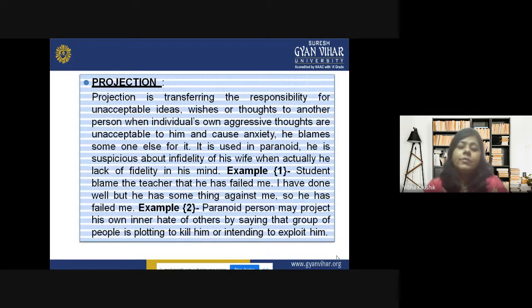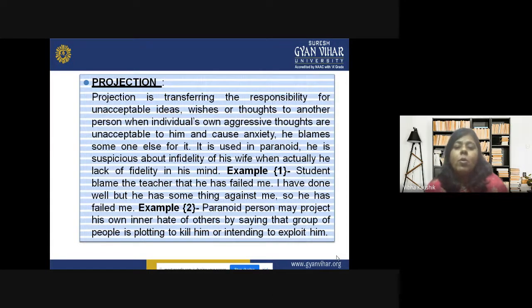Now the next defense mechanism is projection. Projection is transferring the responsibility for unacceptable ideas, wishes or thoughts to another person.